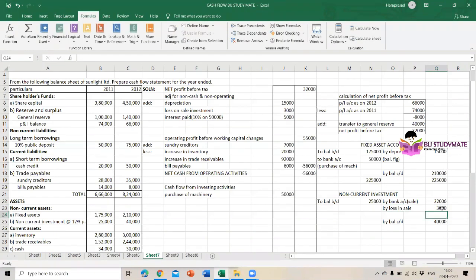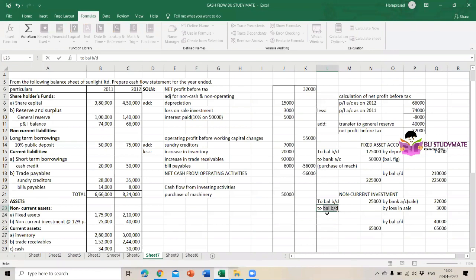Okay, then anything else we have? This much only. So I think the right hand side has more value compared to the left hand side. We'll do this. 65,000. And the difference amount we have to write is to bank account here, because here we will write the sale amount.